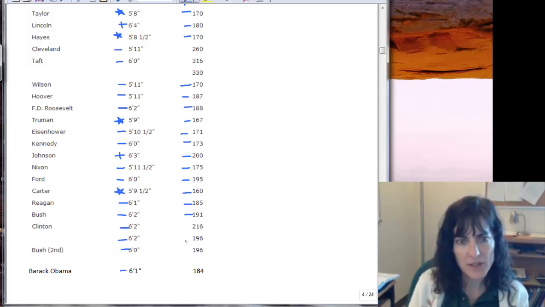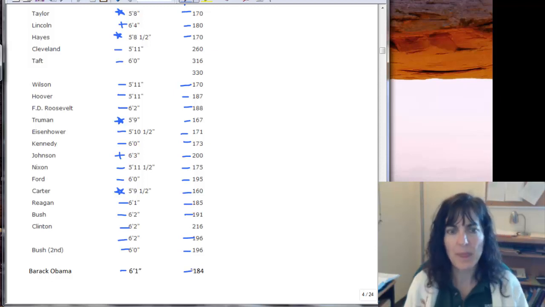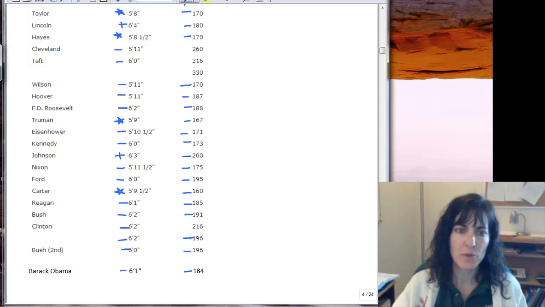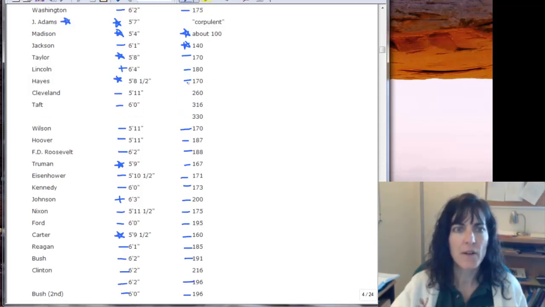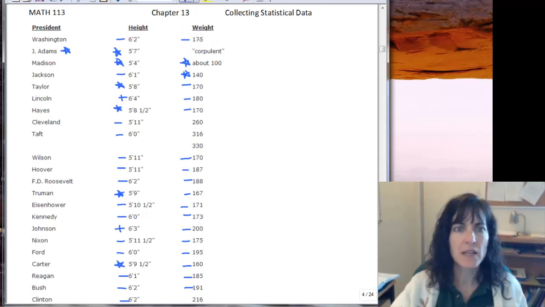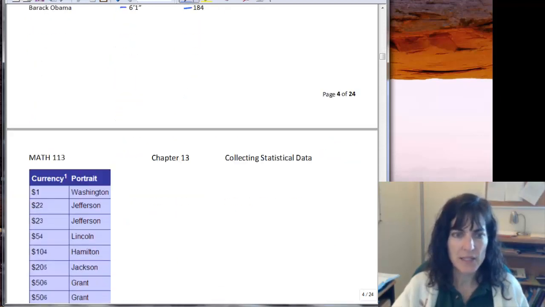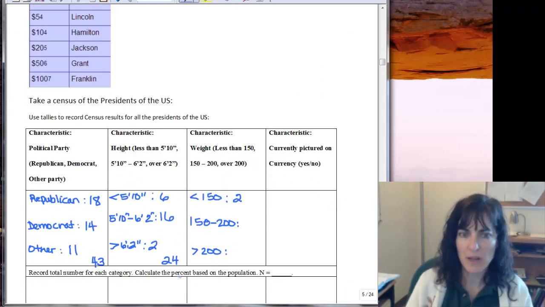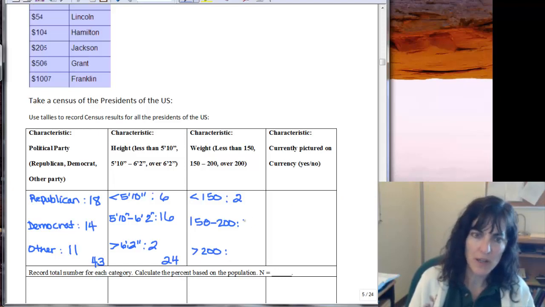So we'll count his under as one of the minuses. And those guys are all less than 200. 1, 2, 3, up to 19. So we're going to say 19 of the presidents are in between 150 and 200.